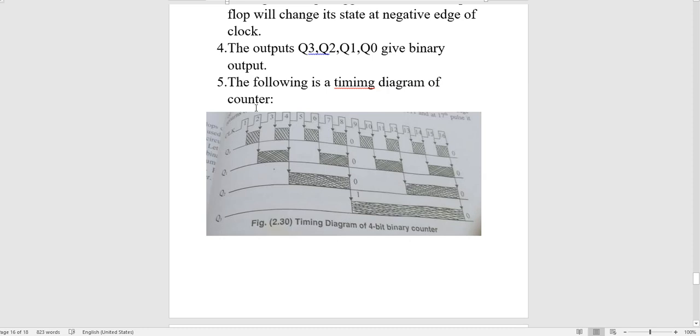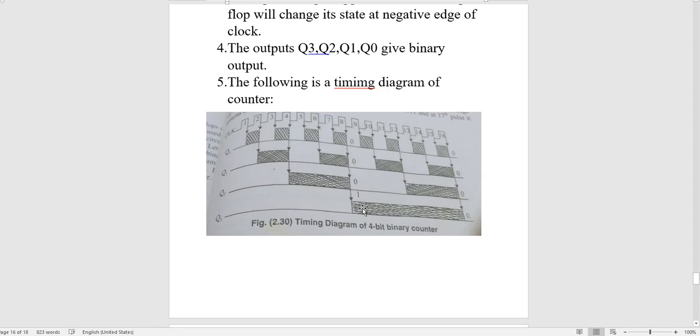After that, the transition of the clock goes to the next flip-flop, and the previous one will remain in the same state. Thus the other flip-flops, B, C, D, will show the output 0 0 0, and the output of the counter will be Q3 0, Q2 0, Q1 0 and Q0 1, so your output will be 0 0 0 1.